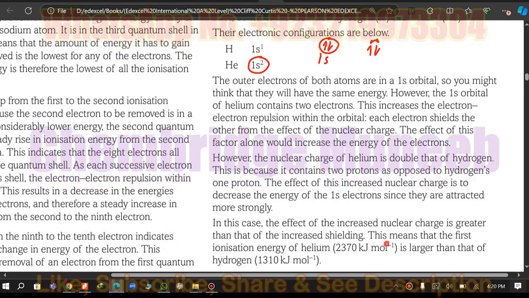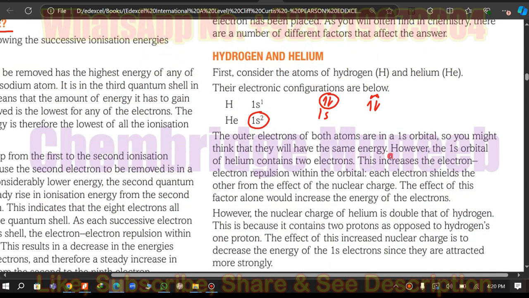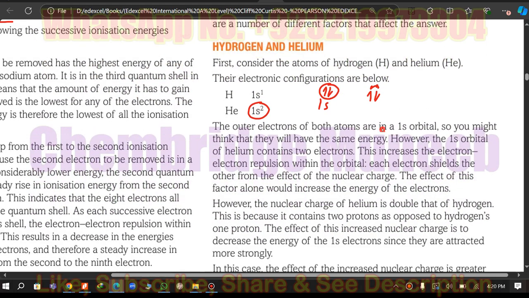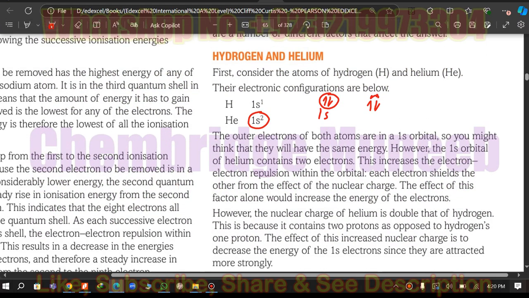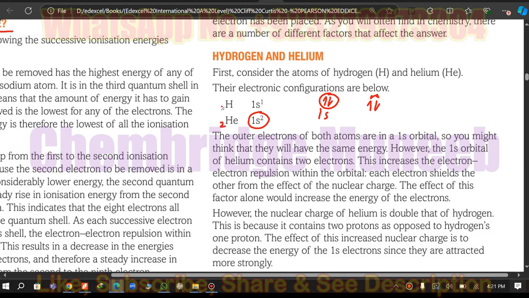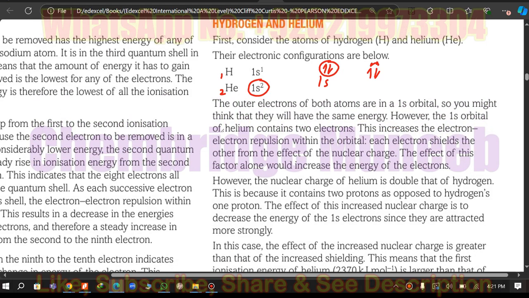On the other hand, we also know that there is an increased number of protons in helium, because the helium atomic number is 2 and the hydrogen atomic number is 1. So both factors are taking place at the same time. The repulsion between the electrons is increased, and on the other hand the nuclear charge, or the attraction of the protons on these two electrons, is also increased.